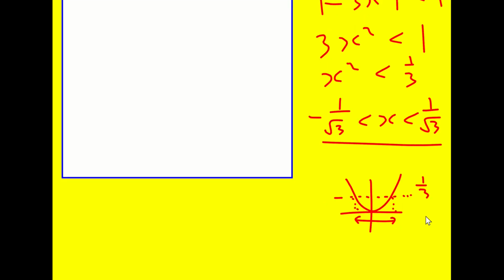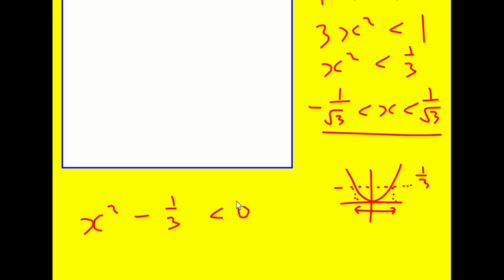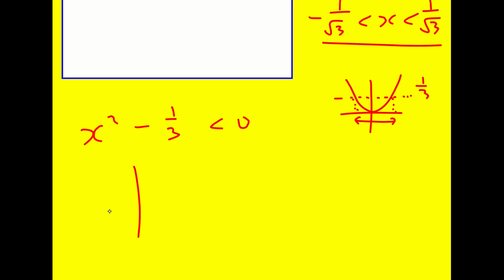Now I can plot the graph and I can think about the range of values for which that will be true. The way I've tended to teach it, to be fair, is I've said, write it as x squared minus a third is less than 0. And then plot that function, like complete the square. This would become x plus 1 over root 3, x minus 1 over root 3 is less than 0.